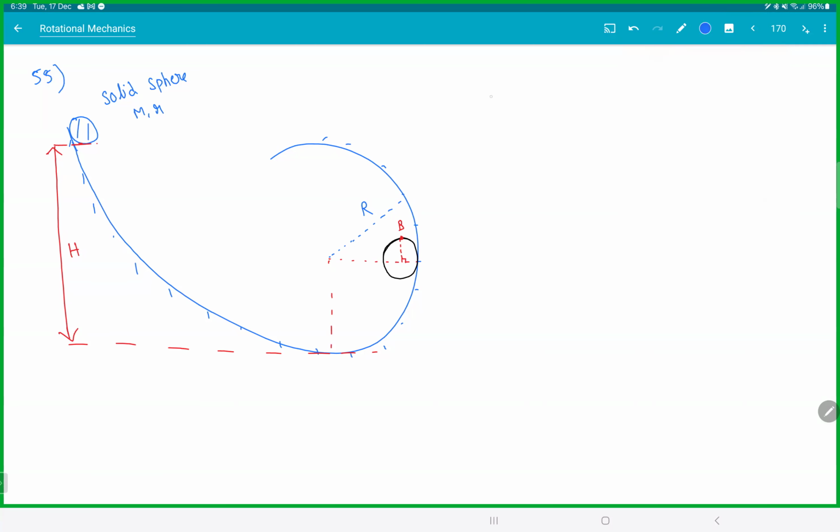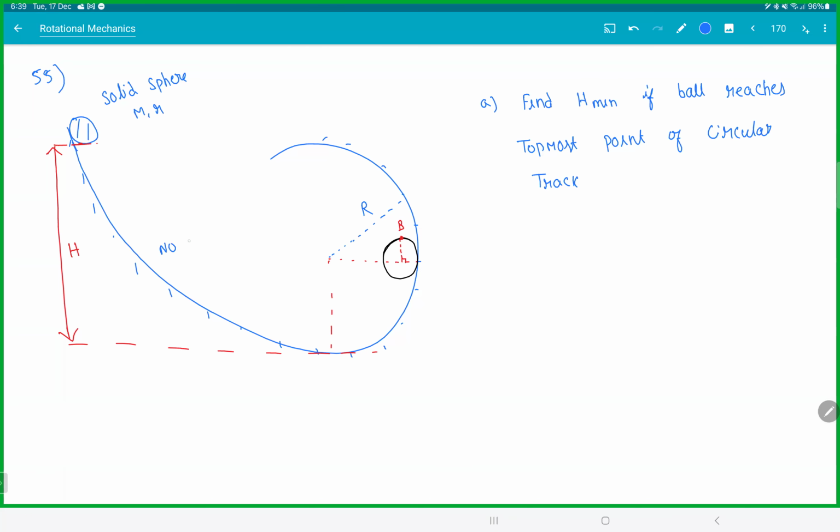There are two questions here. First question, find h minimum if the ball reaches the topmost point of the circle. Basically the vertical circular motion.